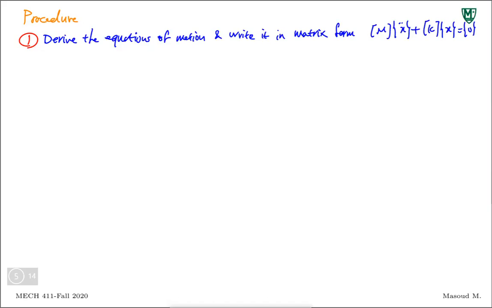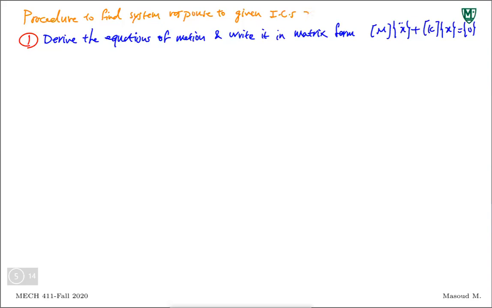That would be your equation of motion. Right. Procedure, to find system response to given initial conditions. What are initial conditions? Well, we have two masses, so each of them can have initial displacement and initial velocity.